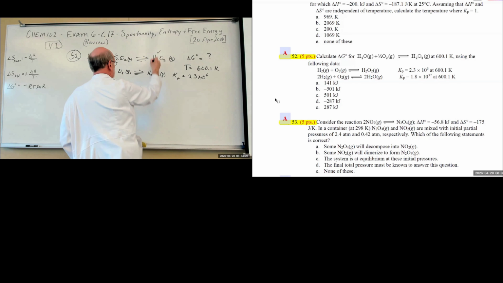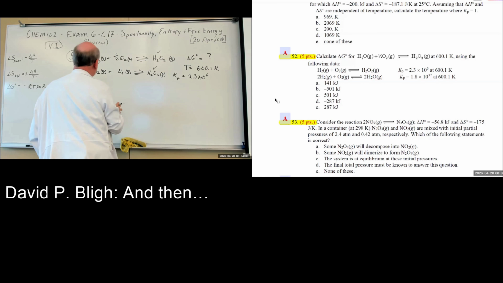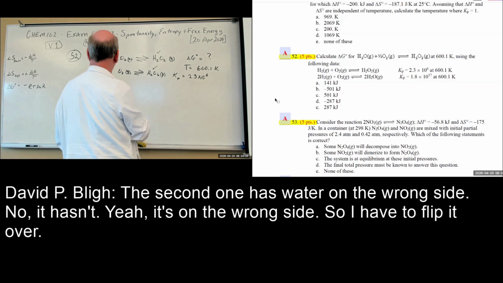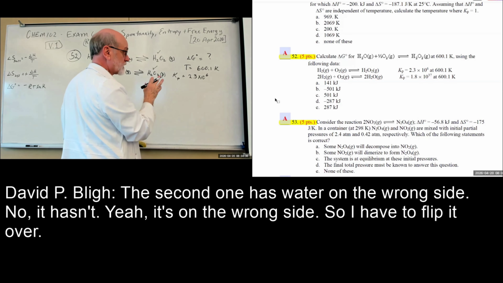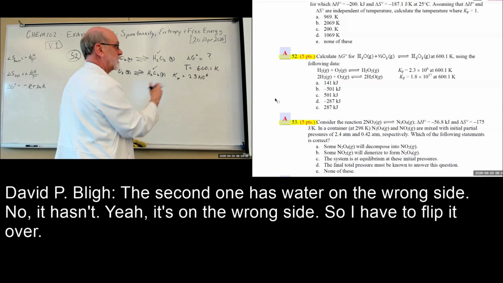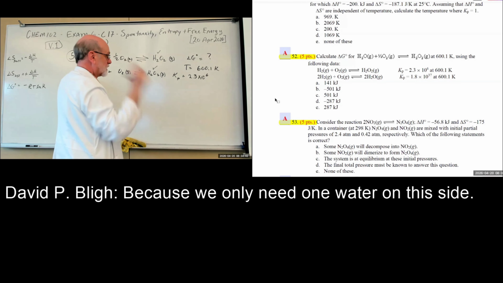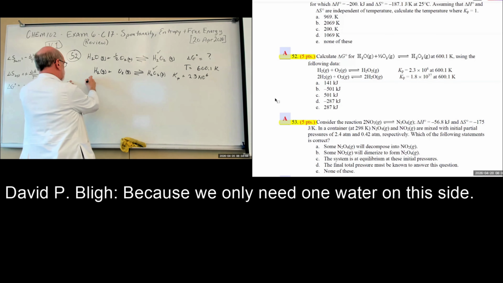That takes care of this one. The second one has water on the wrong side, so we have to flip it over, but we have to take half of it because we only need one water on this side.